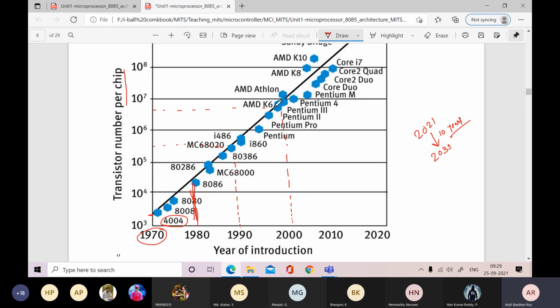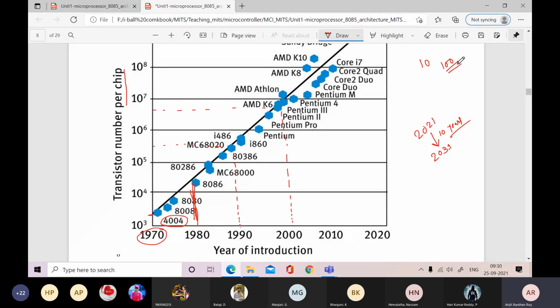So every 10 years I have to multiply my number by 10. The number is the number of transistors I need to use in my IC. That means if today to develop an electronics device I need 10 transistors, after 10 years I have to use 100 transistors. That means I have to multiply this number by 10.